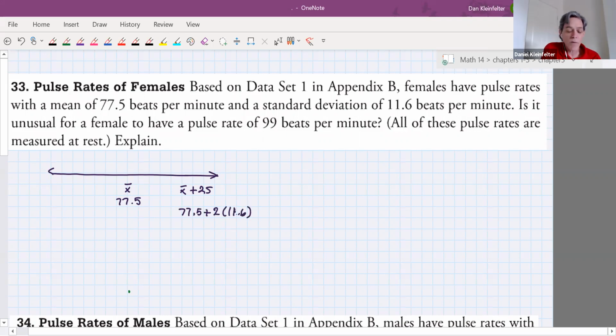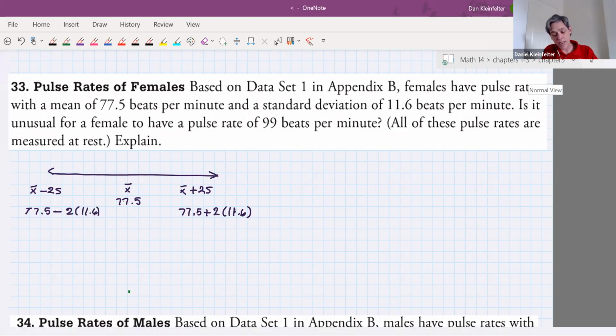Okay, and then we're interested in 99 beats per minute. So we don't need the low end, but just for practice's sake, I'm going to go ahead and put in the mean minus 2 standard deviations. So that will be 77.5 minus 2 times 11.6. Okay, so let's calculate those things.